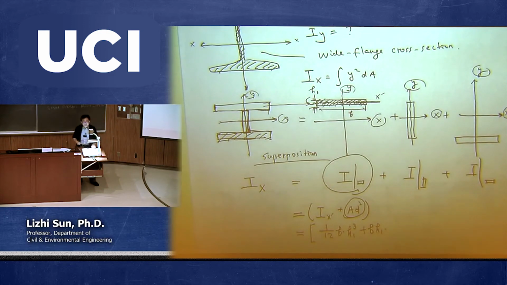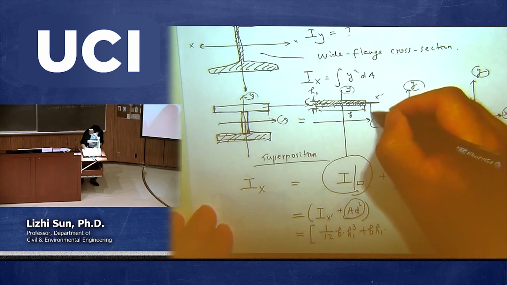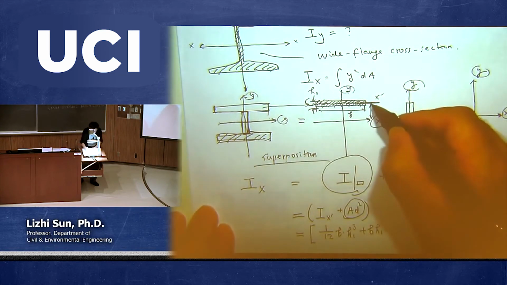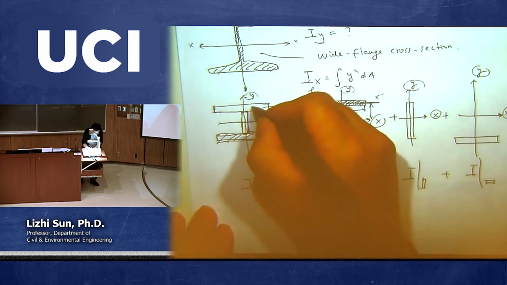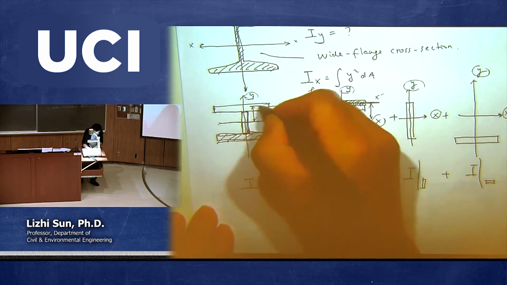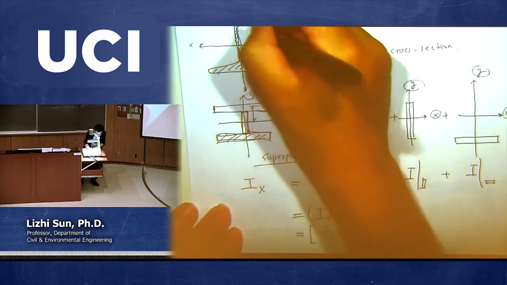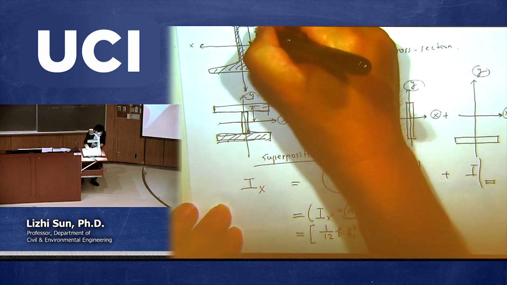And then times d. This time we need to identify d. D is from x prime to x, from the centroid all the way to the global one. So this is the one you need to identify from the given picture. Let's say from here to the center of this one, let me call it h.